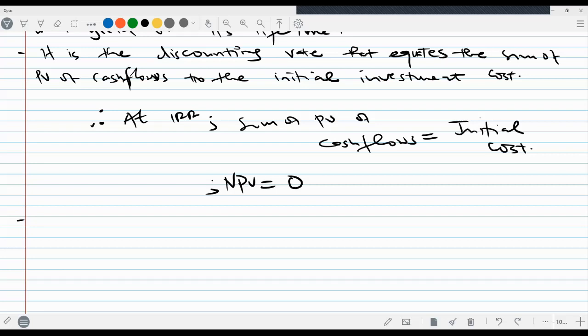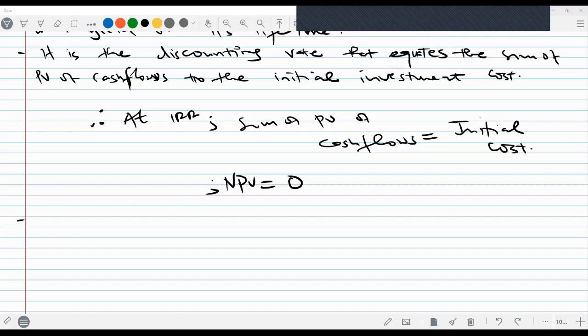So for example, the minimum return the providers of capital want is 9.2%, and IRR is 8%. Would you invest in that project? If the IRR, this is just an example, is equal to 8%, and the cost of capital remains 9.2%, would you invest in that project? No, of course not.